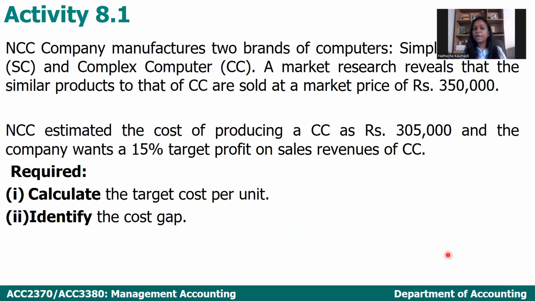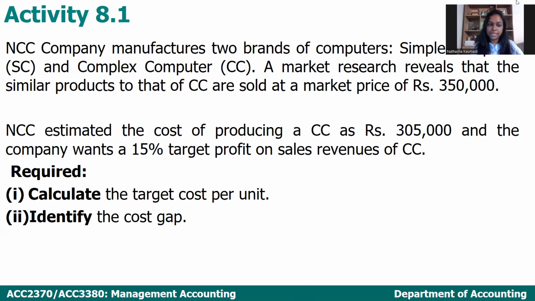Right. So you can try this activity. NCC company manufactures two brands of computers: simple computer, that is SC, and complex computer, CC. A market research reveals that similar products to that of CC, the complex computer, are sold at a market price of 350 rupees.